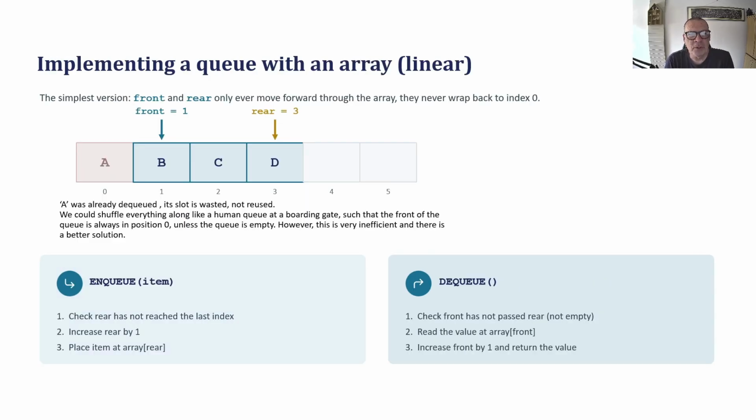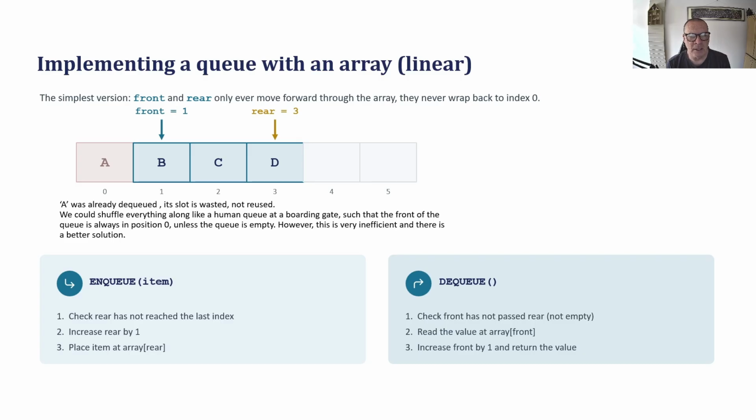Now we can implement queues in a number of different ways. A simple way of doing it would be to just have a linear array, and you put the items in the queue in whatever position that they arrive in. So in this situation here, we've currently got the front of the queue at position 1, not 0, and the rear of the queue at position 3.